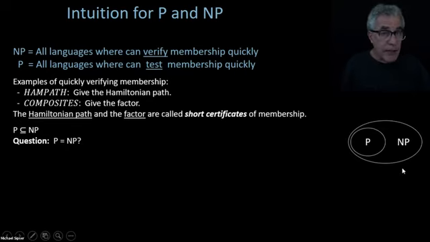The big question, as I mentioned, is whether these two classes are the same. So does being able to verify membership quickly, say with one of these certificates, allow you to dispense with the certificate, not even need a certificate, and just test for yourself whether you're in the language, and do that in polynomial time? That's the question.